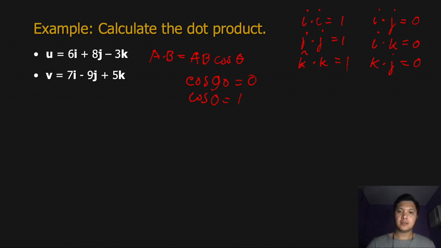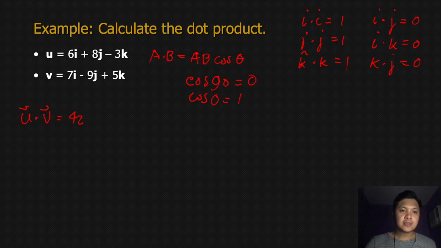Now, considering this, u dot v is equal to 6i and then 7i, so that is 42. 6 times 7 is 42. i dot i is 1, so we don't have to write 1 anymore.